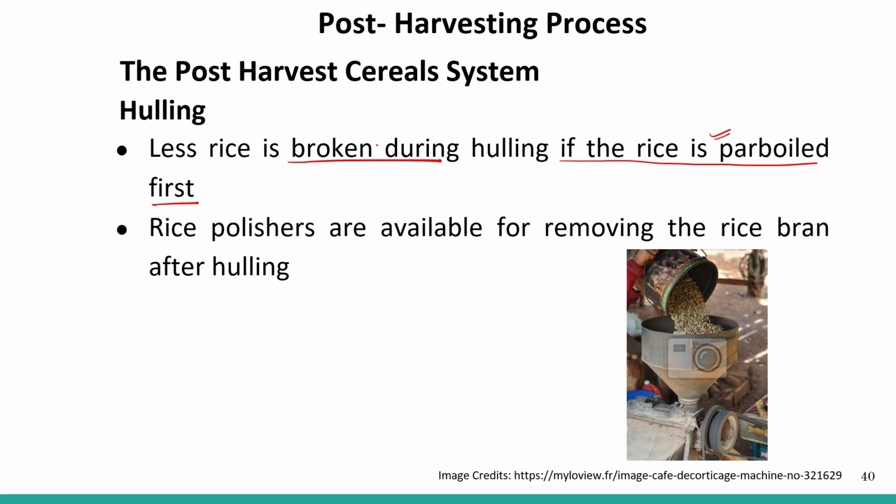In that case the rice is not broken. Otherwise, if it is not boiled, the rice is very hard, and in removing the husk present above the seeds, the rice can be broken. So this parboiling can be done to remove the husk that is present above the rice seeds.